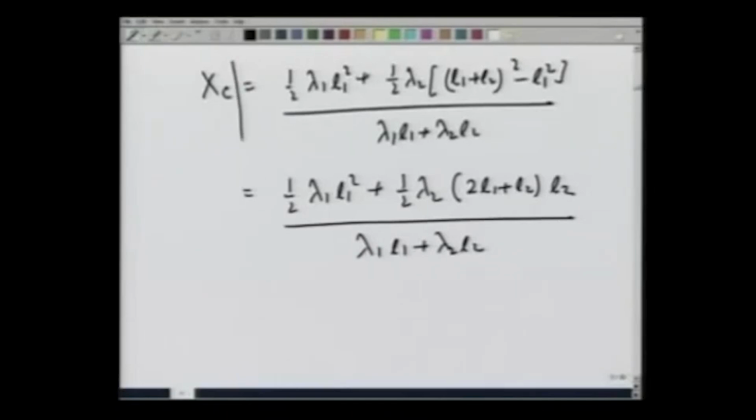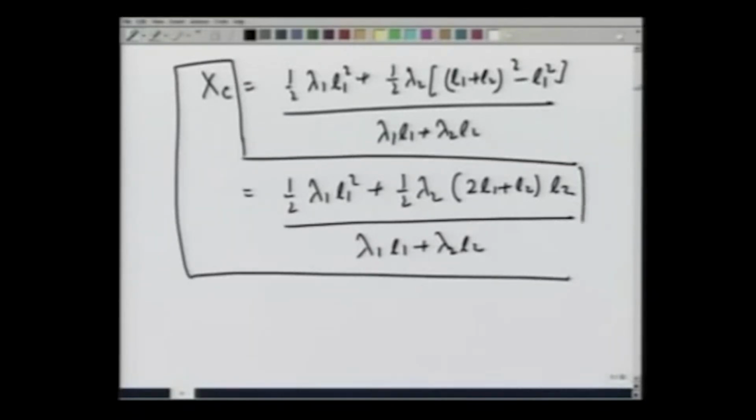So, from the left hand side end of the rod, this is where the center of gravity lies.